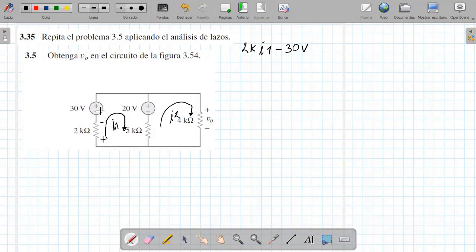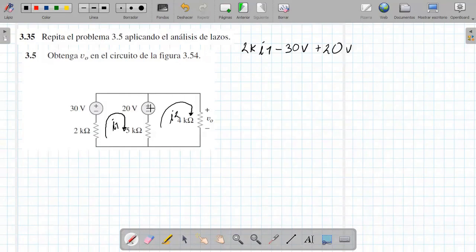I'm looking at where the current comes in. There are some who take it going out, so I would take this as minus, and here it would be going out, it would be plus. So, 2K times the current I1 minus 30 volts.